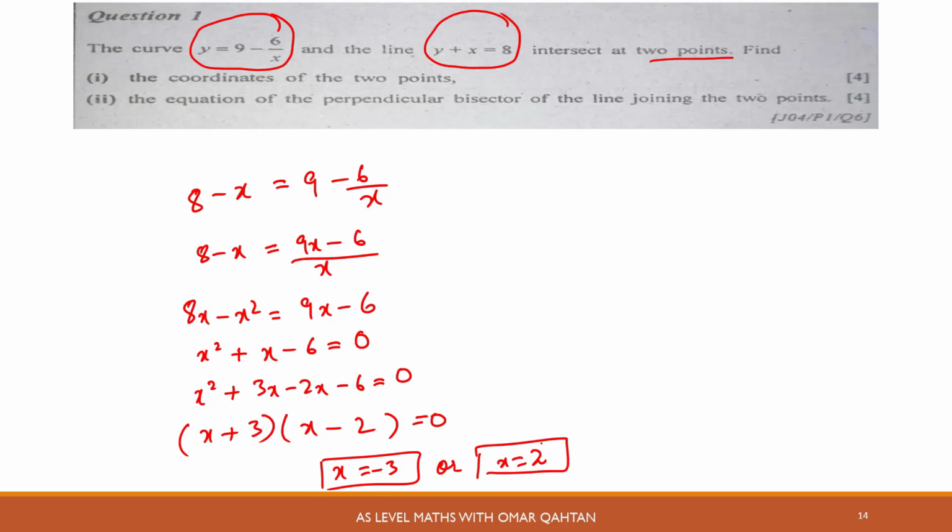Now substituting, first we should have written here how we actually found the value of y out of it. So y equals 8 minus x. Alright, so once we have found the values of x, now I'm going to substitute these x values in the y equation, and we find y equals 8 minus minus 3, which is 11.